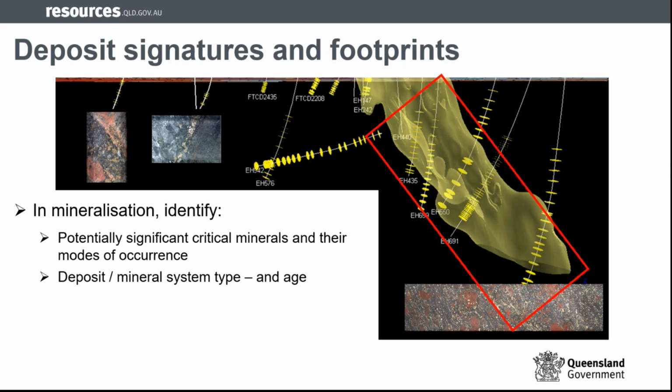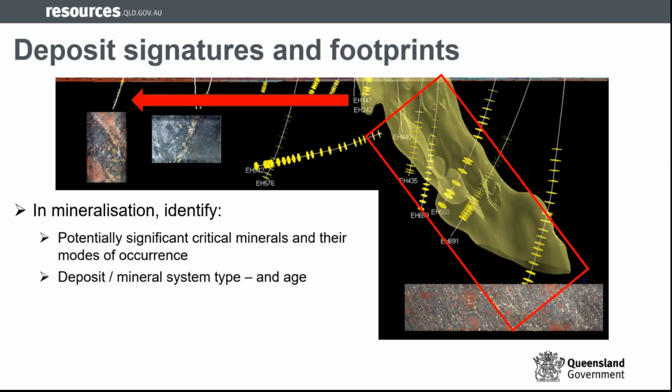In recent years, it became very topical to pay close attention to critical minerals. And in Northwest Queensland in particular, and in general, lots of critical minerals are present as potential byproducts, and quite often the ones which companies don't normally analyze.